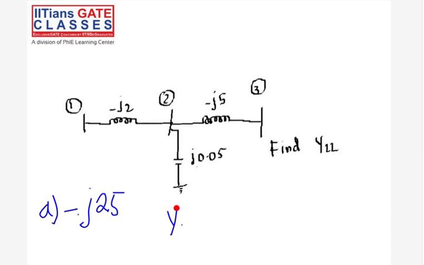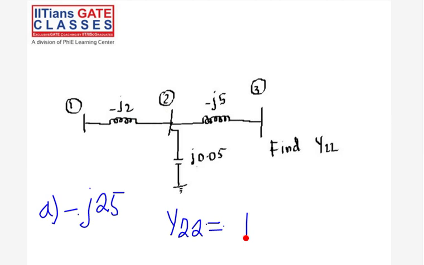Y22 is equal to minus. So basically at node 2, it is the sum of all the admittances connected to node 2. There is minus J2 plus minus J5 plus J0.05.